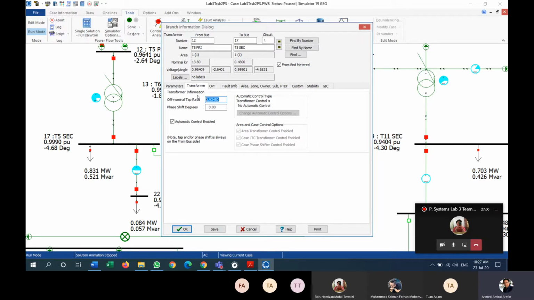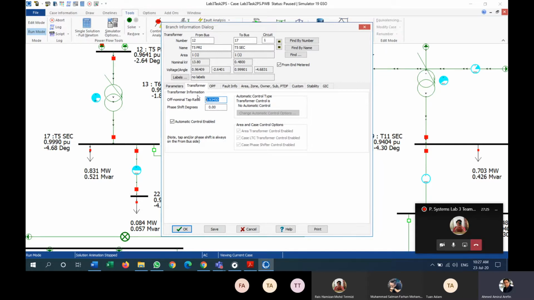Now I am decreasing like 1 tap, which could be like 25% or 50% if you change 2 taps, or 3 taps. Okay, but if you want to decrease only 1 tap, it is equal to 0.0625.